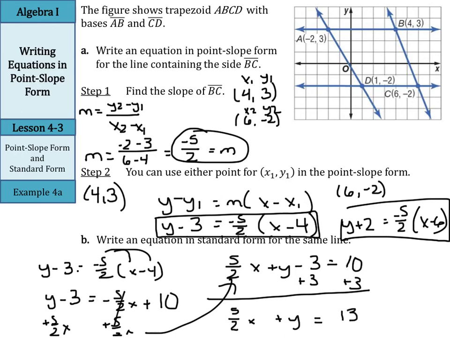Now I need to multiply each term by the denominator of 2. We're not allowed to have fractional pieces here. So my final answer here in standard form is 5x plus 2y equals 26. 5x plus 2y equals 26.